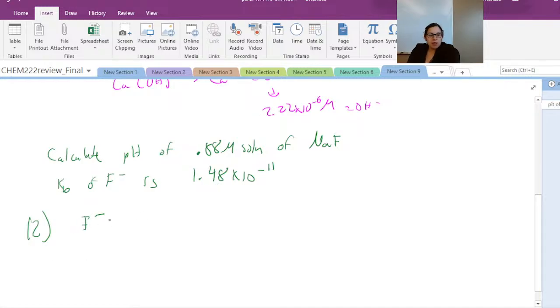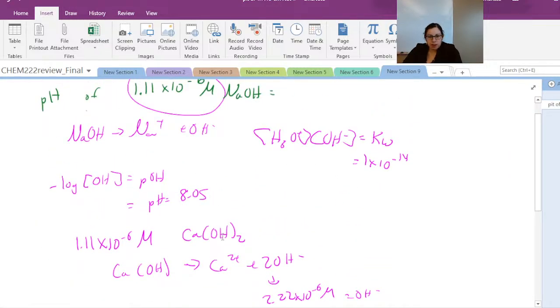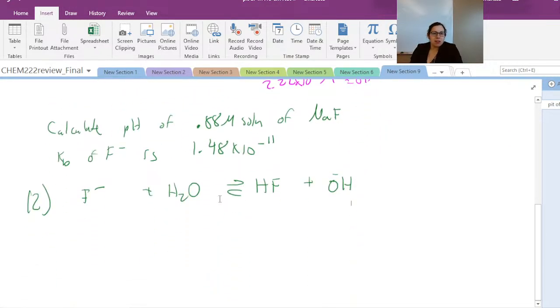We take our fluoride, react it with water, because water is going to disappear anyways, and then we reform our acid. So there's our base and conjugate acid relationship. And of course, the definition of a base is that we form hydroxide. So that's the difference: now we have to solve for how much dissociated, versus taking it for granted that all of it dissociated.